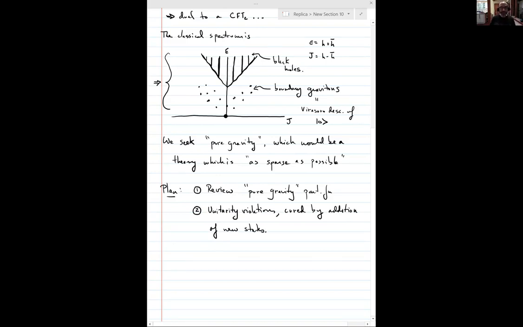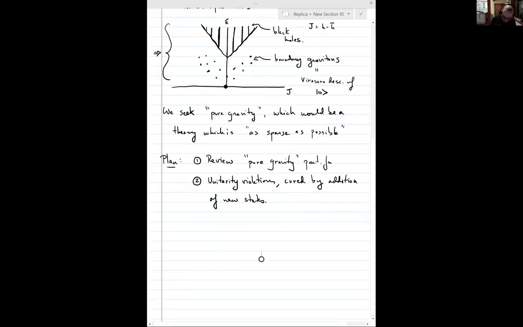In particular, I'll describe the systematic procedure by which we construct a theory that looks not exactly like the one that I've described here, but in a sense as close to it as possible. And this requires the addition of certain a priori mysterious new states in the theory.